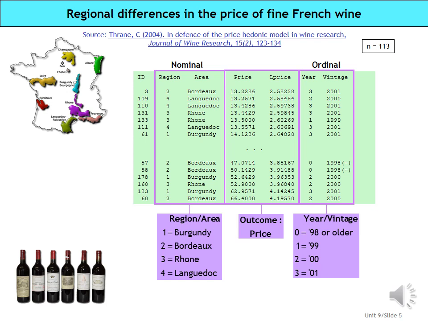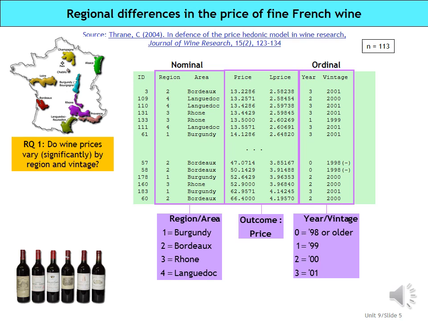So we categorize based on their years, or based on their vintage. 1998 with the minus sign means 1998 and older, before 1998. There could be older wines, and they would be there.